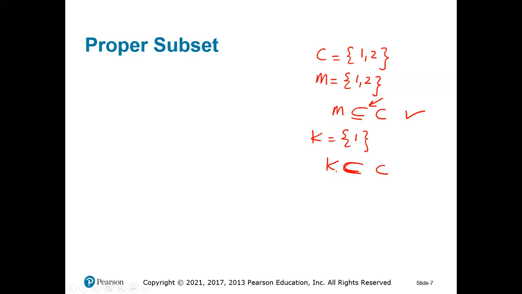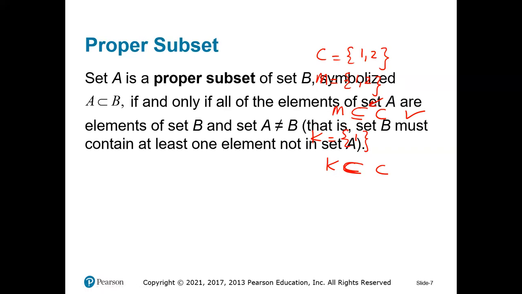That's what it is. So if we read this definition all together: set A is a proper subset of B, and the symbol is this one here, like a curved U, if and only if all the elements of A are elements of B. First of all, it must be a subset.